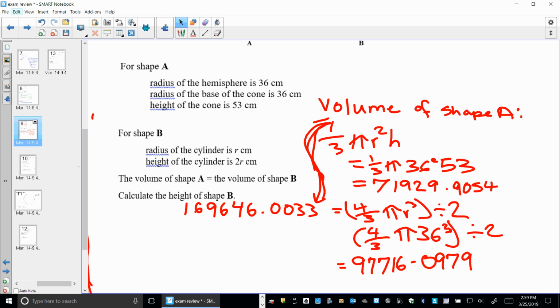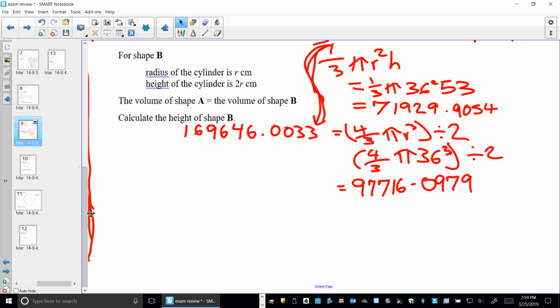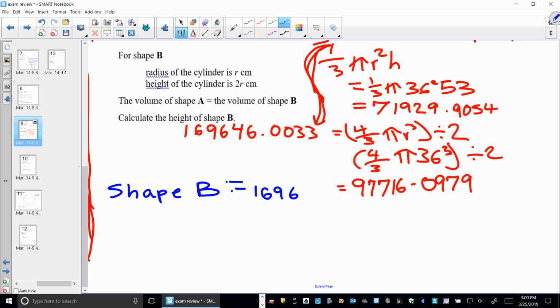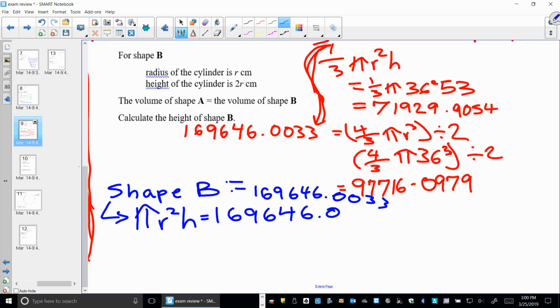Right, okay, so Gabrielle's now done the total volume of shape A. Now, that should be equals, because in the question it says volume of shape A equals volume of shape B. Therefore, pi r squared equals... Everyone with me?